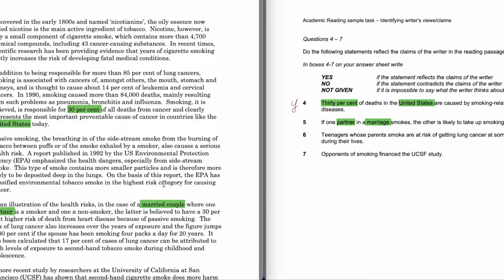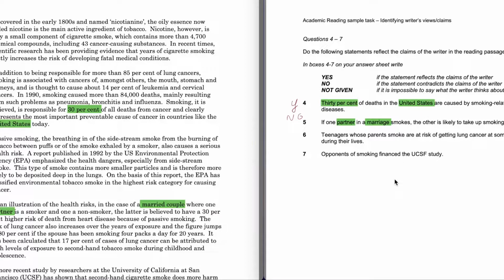So there is an issue with health, but it's not saying that there will be an issue with smoking. If we go further, there is no information about the possibility of the other partner starting smoking. So the answer to question number 5 is going to be not given. And then we go further to question number 6.